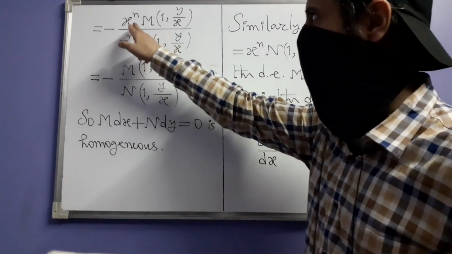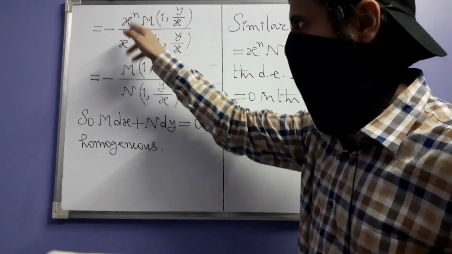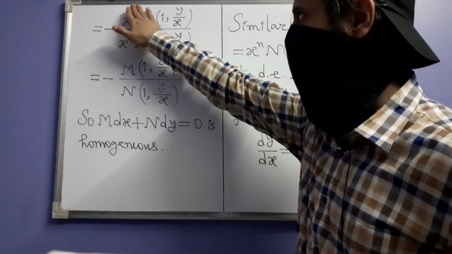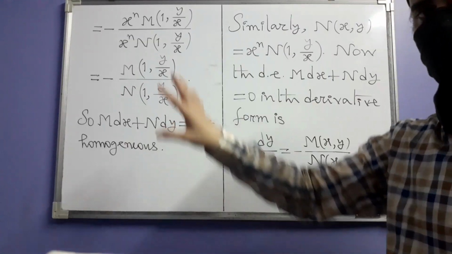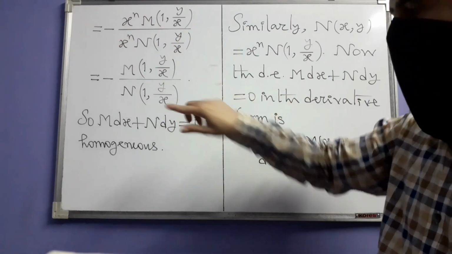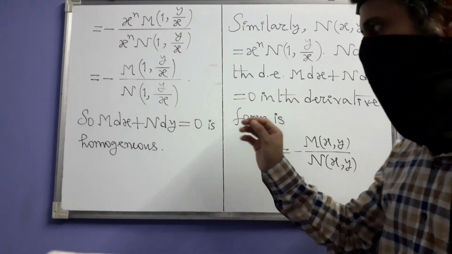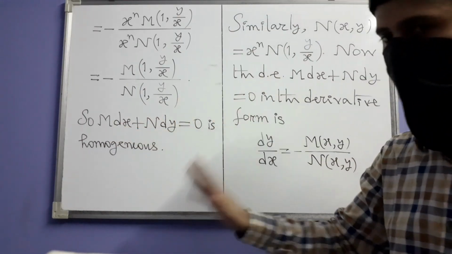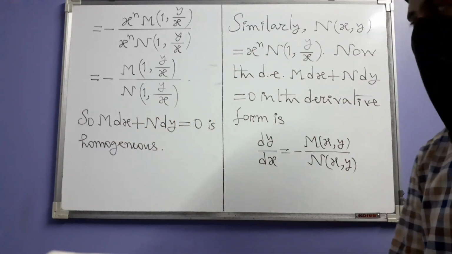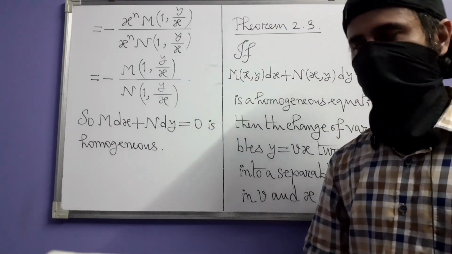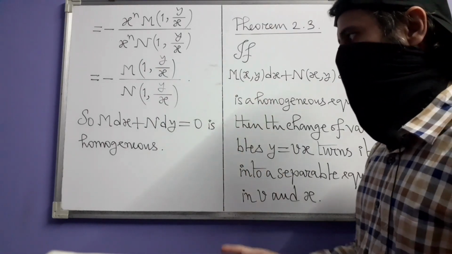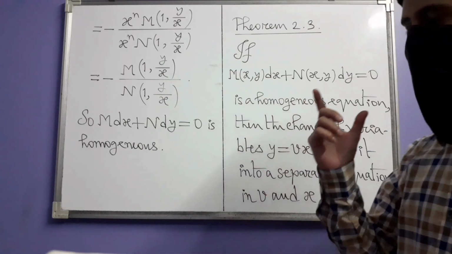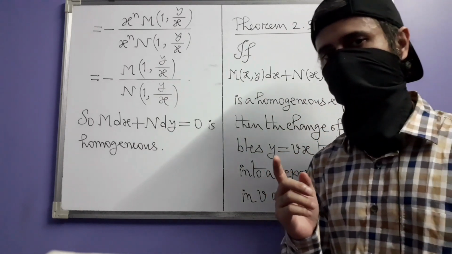Because if the degree is not the same, then you can cancel x, but x will be left either here or here, and you won't have the right hand side as a function of y divided by x only. If they are homogeneous of the same degree, then this is also a homogeneous equation. So you can go back to examples 2.10 and 2.11 and apply this method to see how the equations are homogeneous.